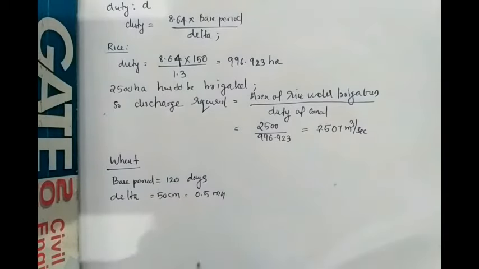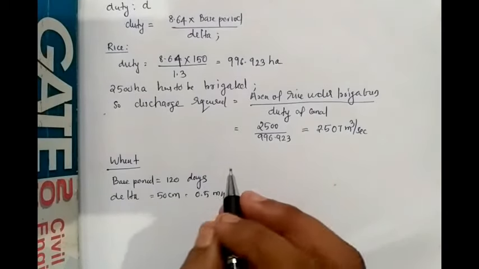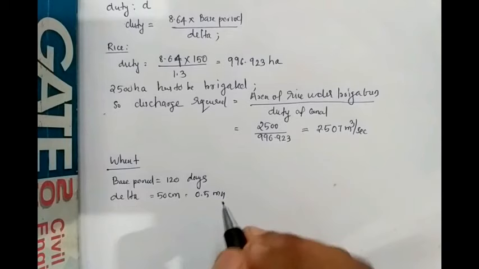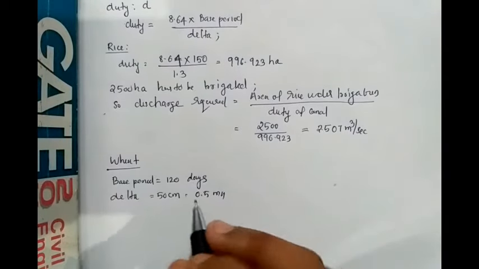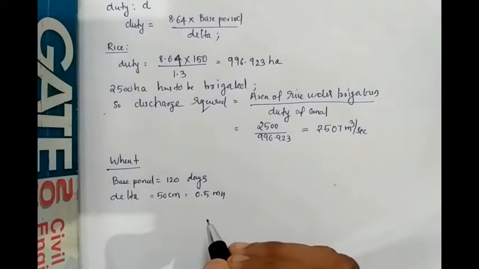By finding the duty of wheat, we can calculate how much wheat area can be irrigated by running 1 meter cube per second throughout the base period for the required delta.